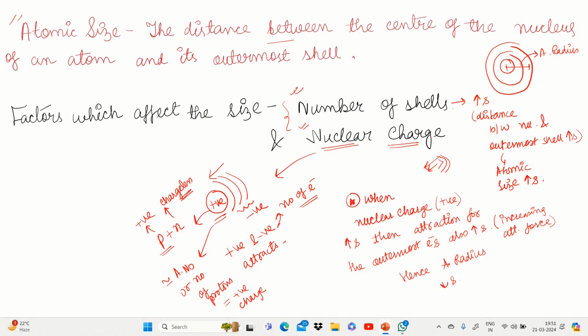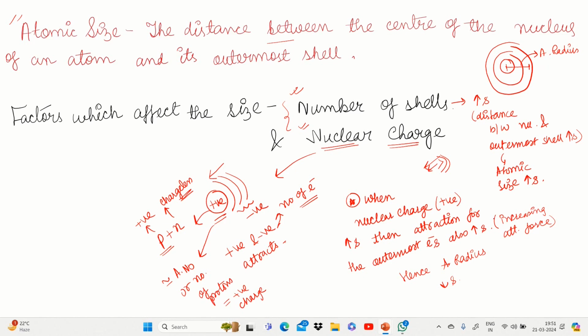So write down over here: when nuclear charge, that is your positive charge, increases, then the attraction for the outermost electrons also increases.